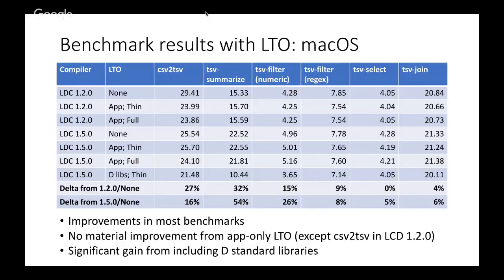By large hash tables, I mean 8 million elements. I don't mean something small. I mean something really big. So TSV Join is dominated by that, and there doesn't really seem to be anything you can do to materially improve it without improving the hash table. But these other apps are getting some pretty decent improvements.